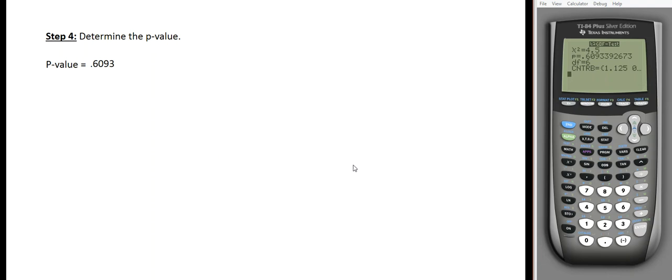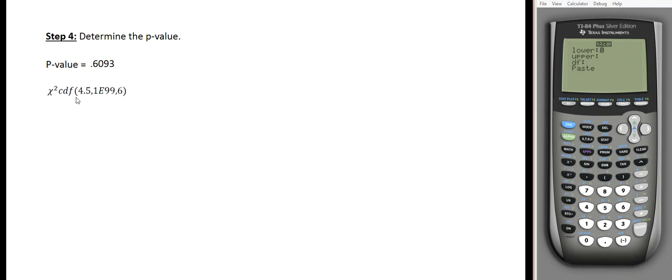Again, if your calculator does not have a goodness of fit test, let me show you how to do that. So we're going to go to second vars, and we're looking for a chi-square CDF. And it looks like mine is number 8. Okay, so the lower bound and upper bound degrees of freedom, those are all things that we need to enter.